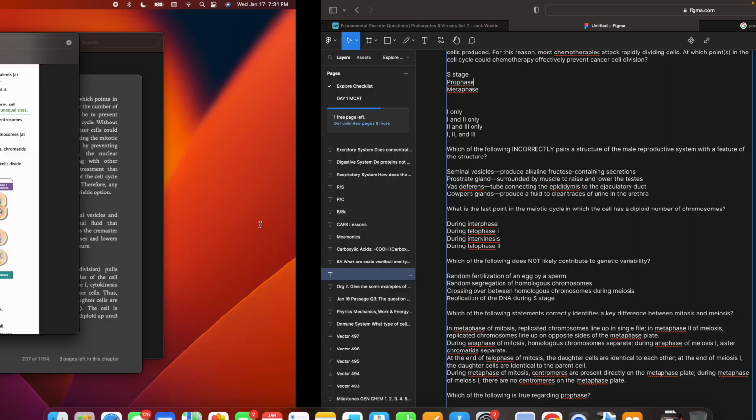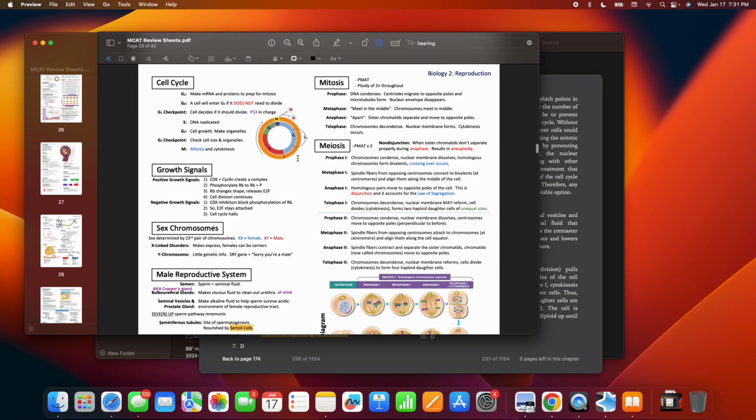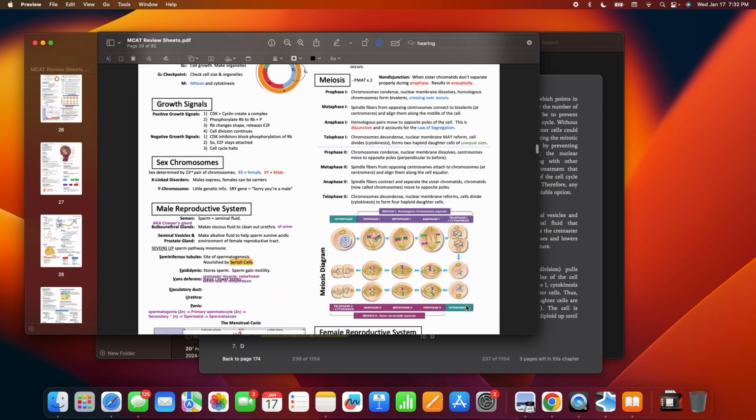Where is interphase and what is interkinesis? So interphase is this, right? And interkinesis is here. Interphase is the beginning. It should be interkinesis, right? Where we have the haploid or telophase 1. I think I will go with telophase 1, perhaps.